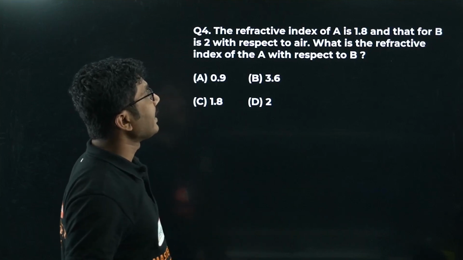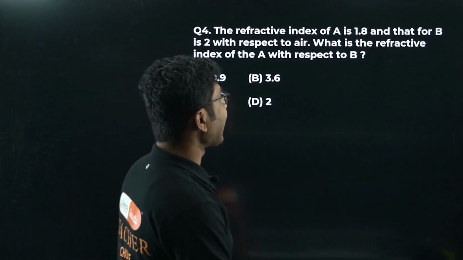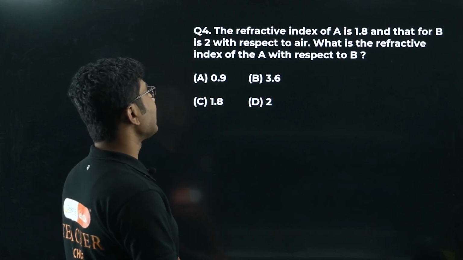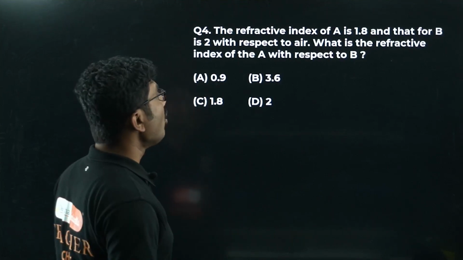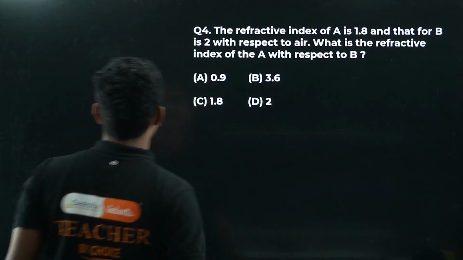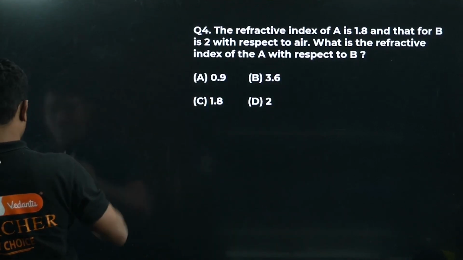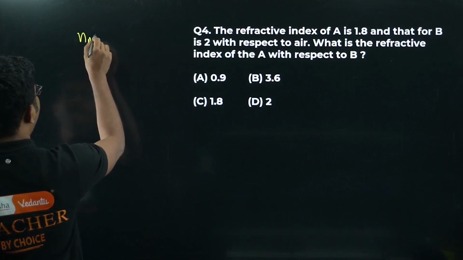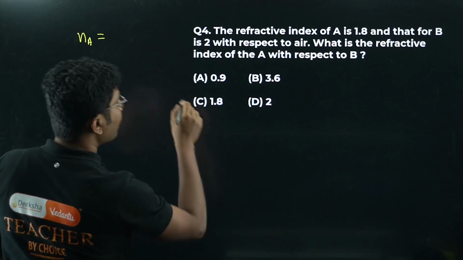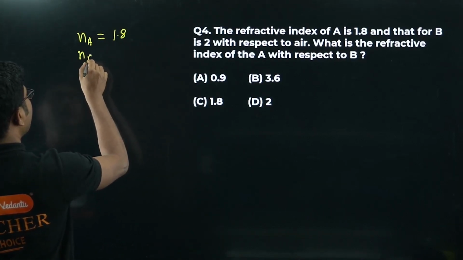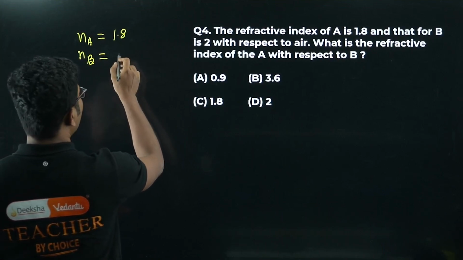The refractive index of A is 1.8 and that for B is 2 with respect to air. What is the refractive index of A with respect to B? So very important is that the refractive index of A, NA, is given by 1.8, right, and that of NB is given by 2.